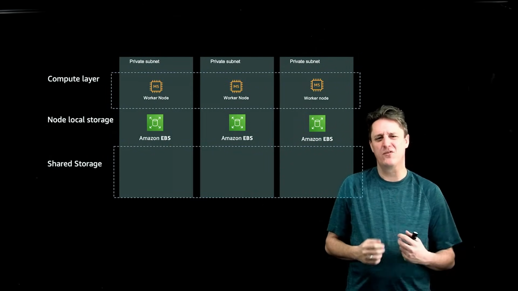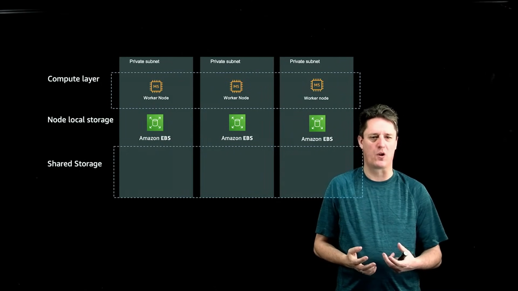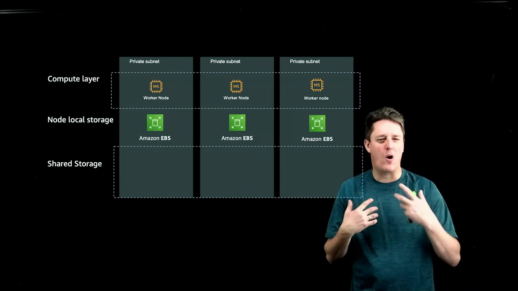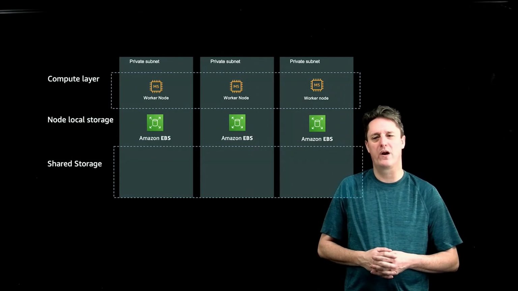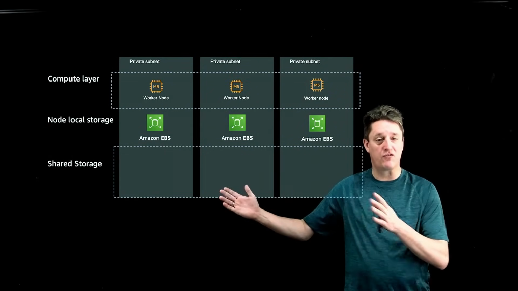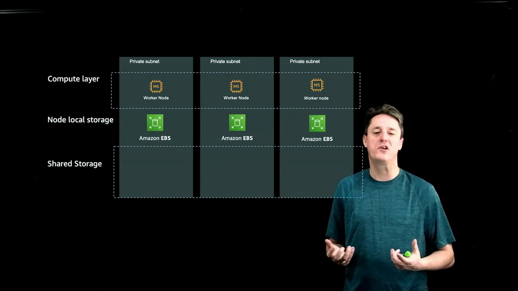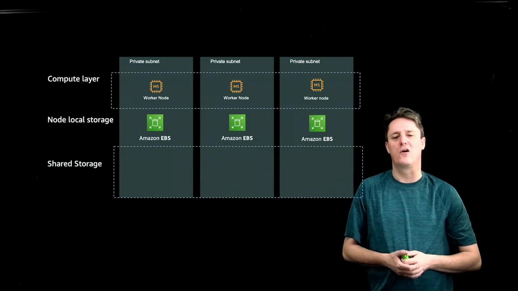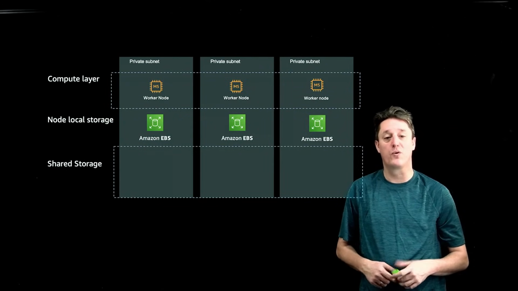So this doesn't work for every single workload. There are going to be container workloads, and parts of my configuration, where I want to take advantage of shared storage, storage that is available to the OpenShift cluster that crosses all availability zones, and my application workloads can interact with all of those.